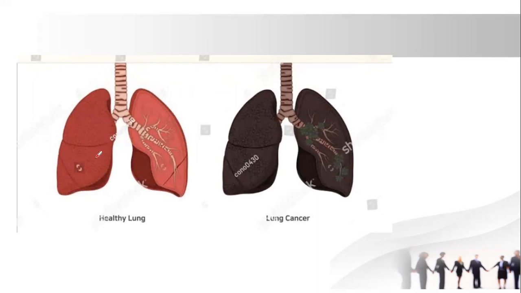Now, if we visualize the normal lungs, the right lung has three lobes, while the left lung has two lobes. Suppose this is the healthy lung, and if we compare it with the cancerous lung, the cancer can develop in the area of the lobes of the lungs, and then may spread to other areas of the body and cause further problems.